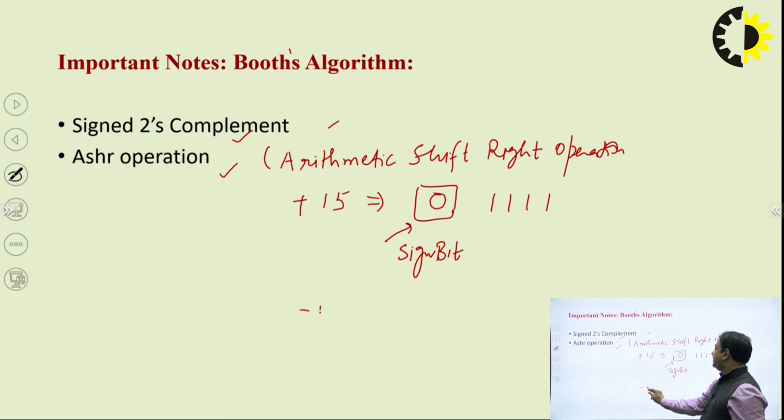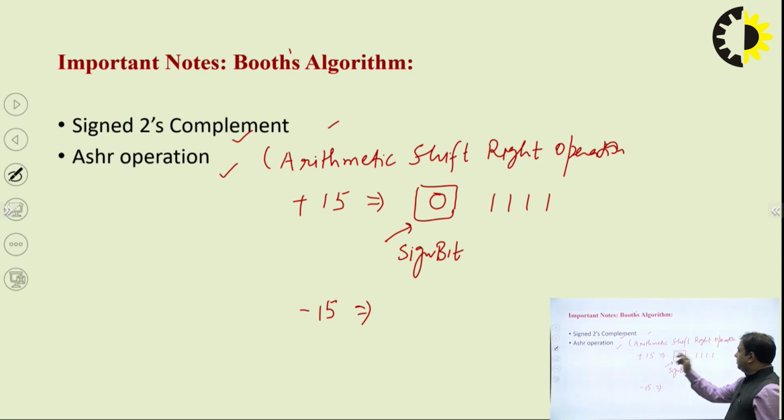Now, suppose I say represent minus 15 in sign 2's complement. How do I convert this plus 15 into minus 15 using sign 2's complement? Because it is frequently used, the algorithm says that we do not change the value of plus 15 till the first one.